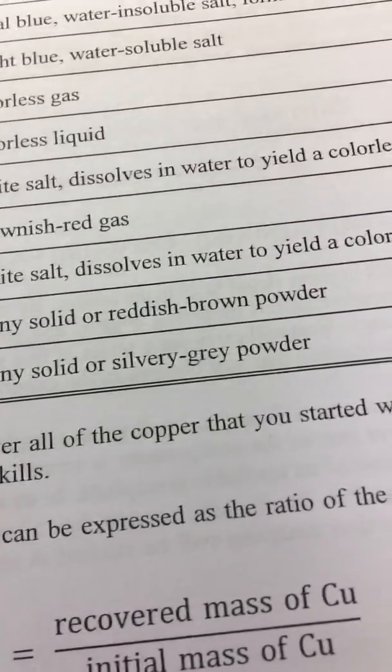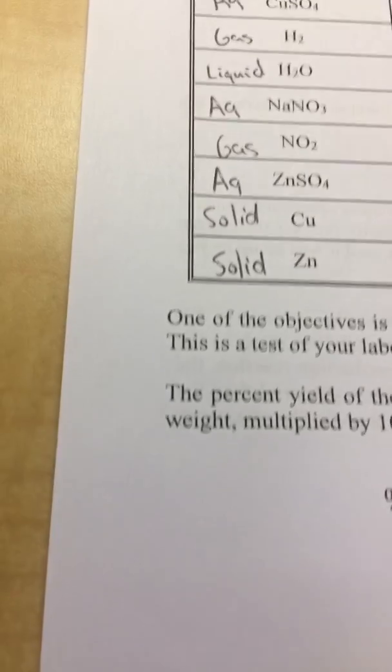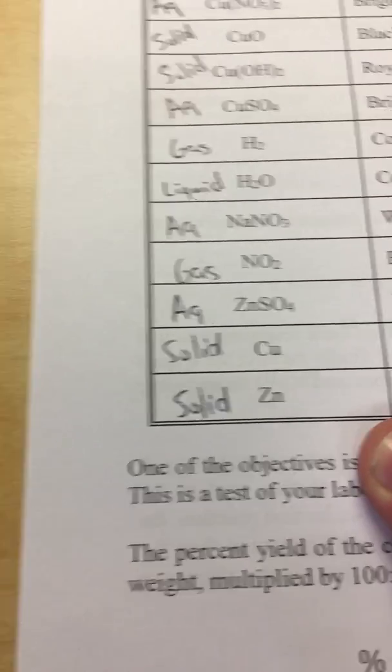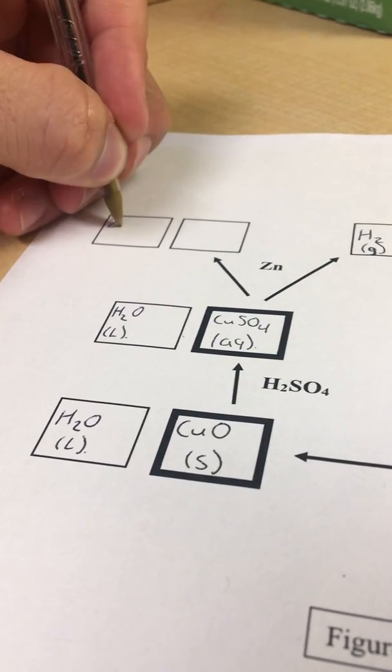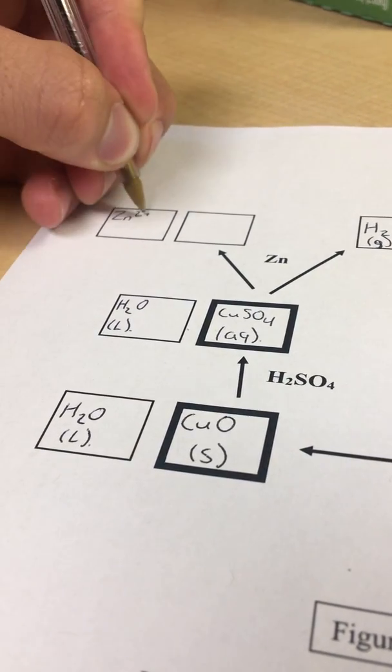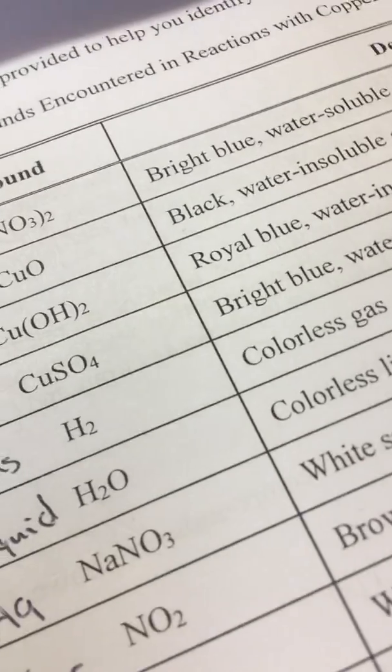Okay, zinc was also added into here. So with zinc in there, we look on the table to see if there's any zinc. And obviously zinc was added in, so zinc has to be 1. So right here we would put Zn2+, which is solid.